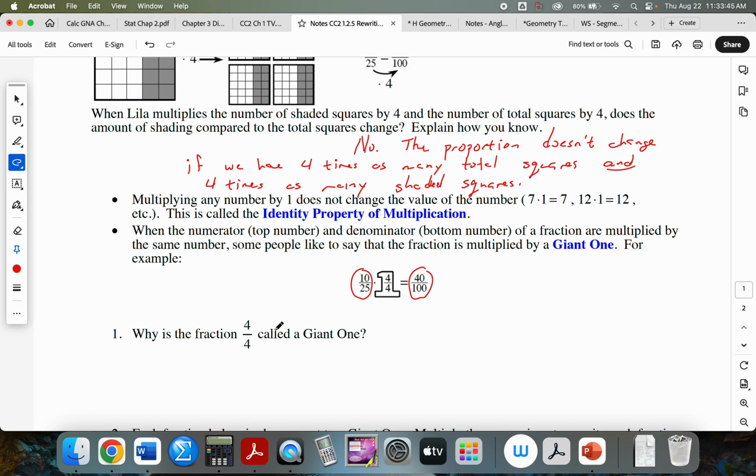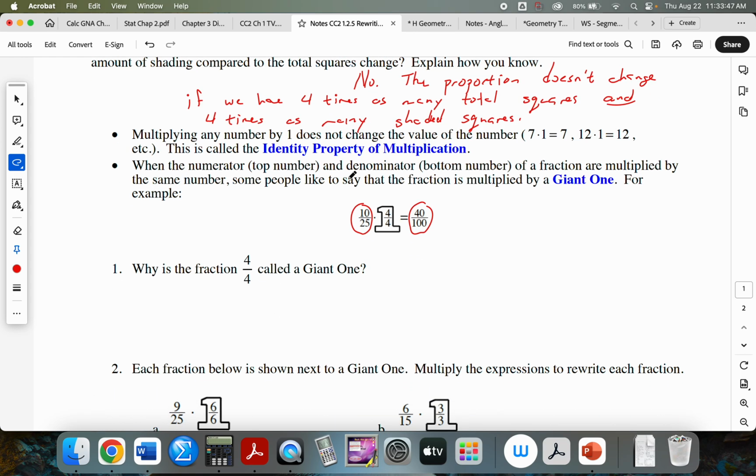So why is the fraction 4 over 4 called a giant 1? Well, because four divided by 4 is 1. And the reason it's called giant is because we didn't just write 1.